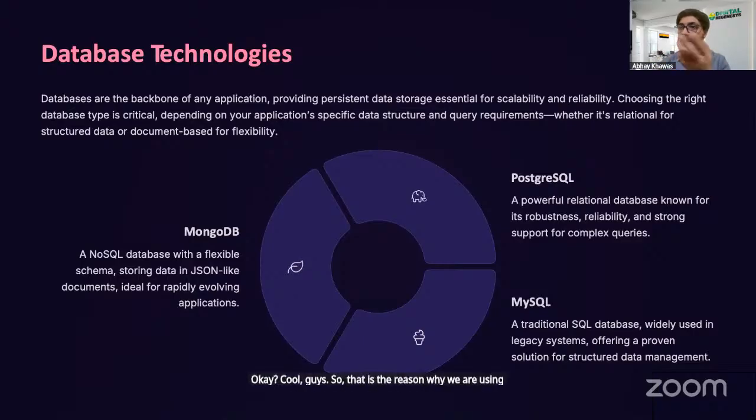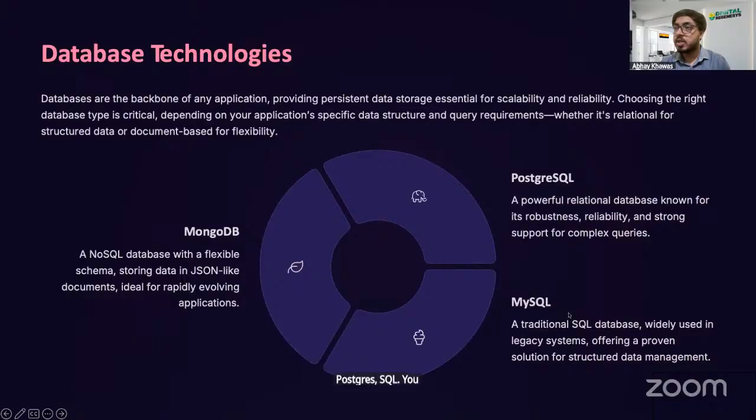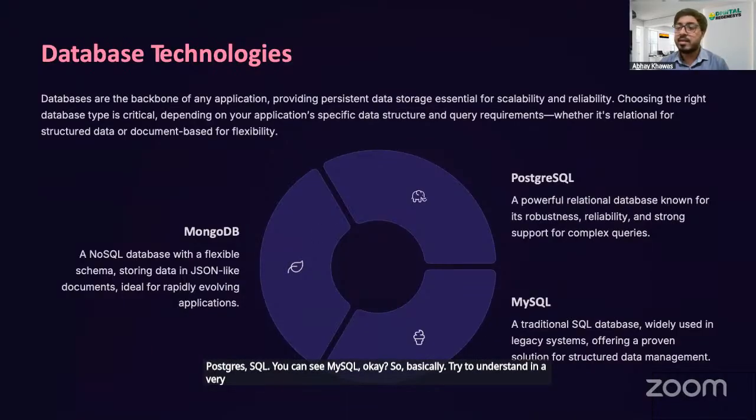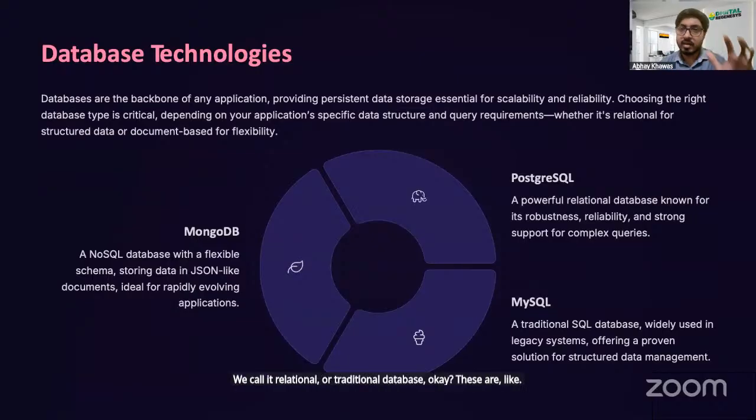And let's see what databases you can see. You can see MongoDB, PostgreSQL, MySQL. Basically, try to understand in a very simple manner. Postgres and MySQL are basically in a table format. We call it a relational or traditional database, in a tabular format.